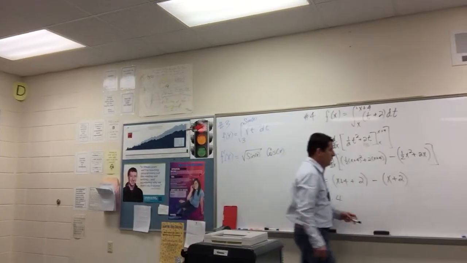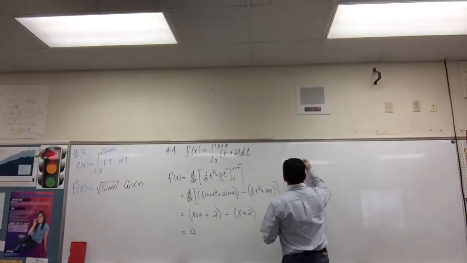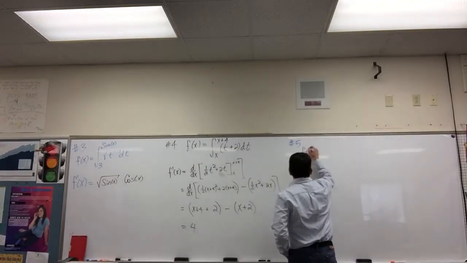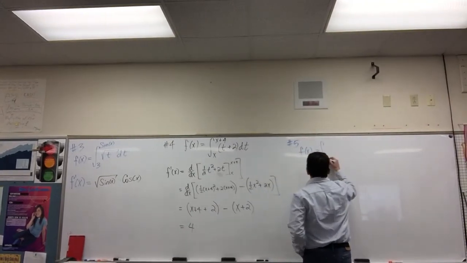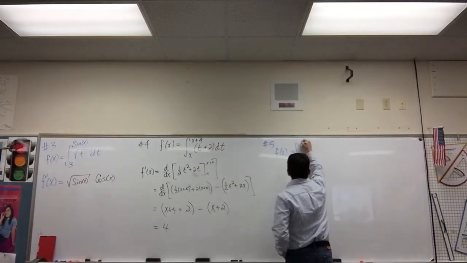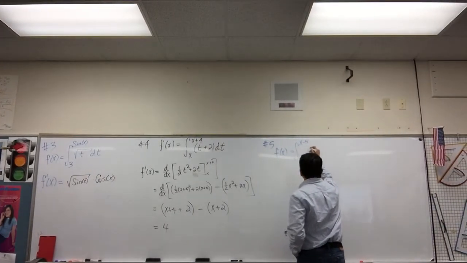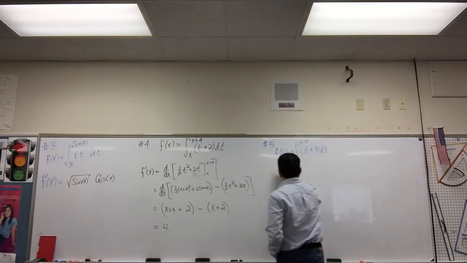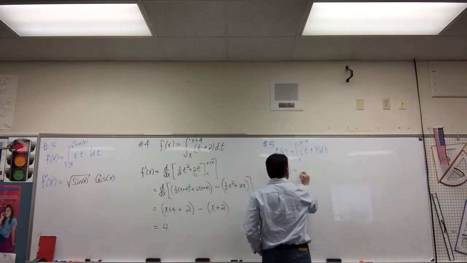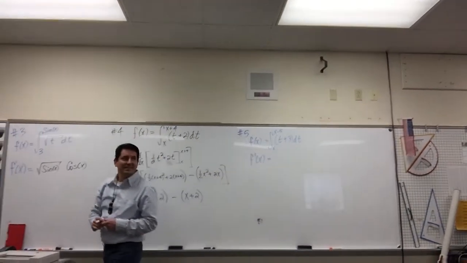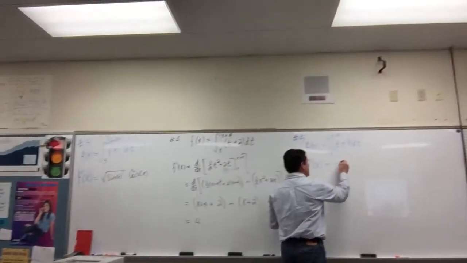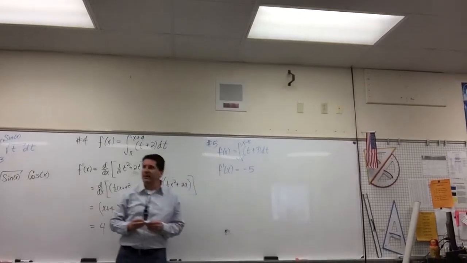Okay, so I suppose if I give you a new one, and I say f of x is equal to the integral from x to x minus 5 of t plus 3 dt, and I say what's f prime of x? Is the answer -5?